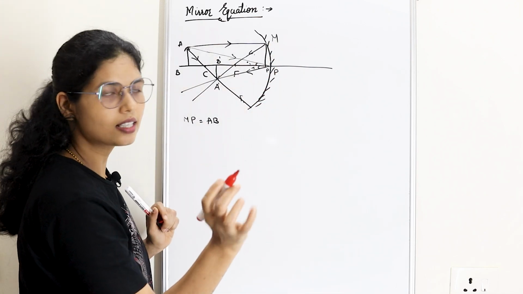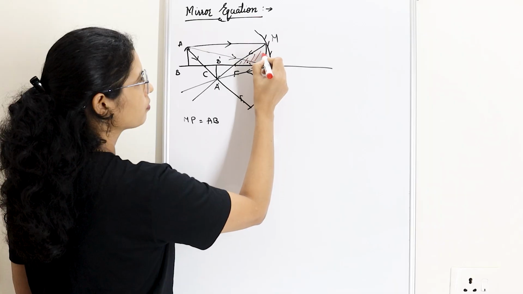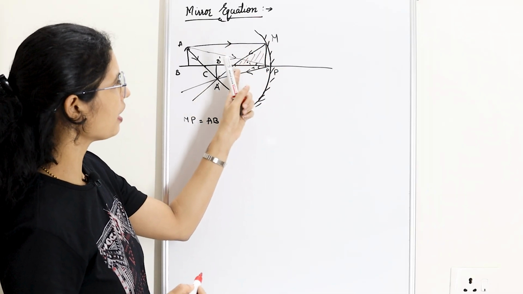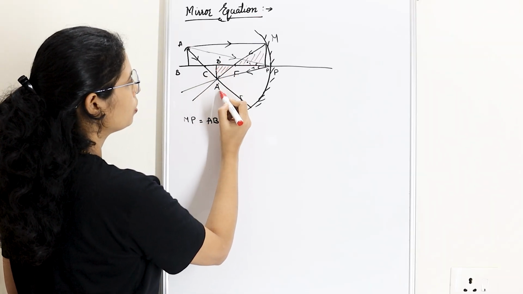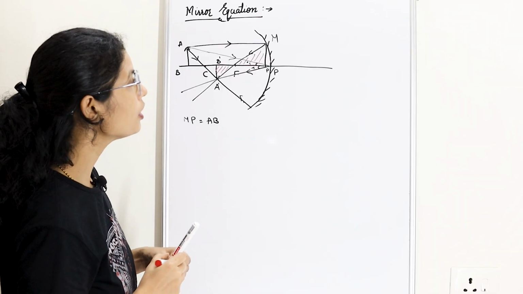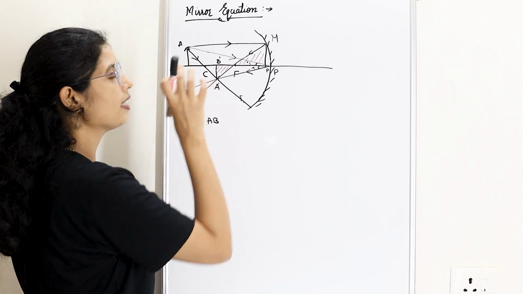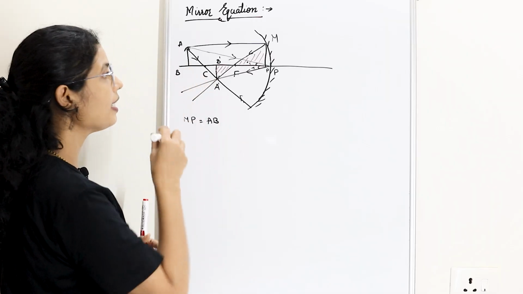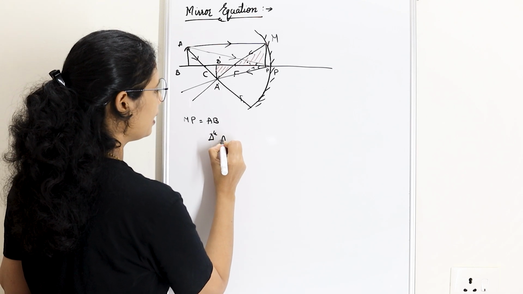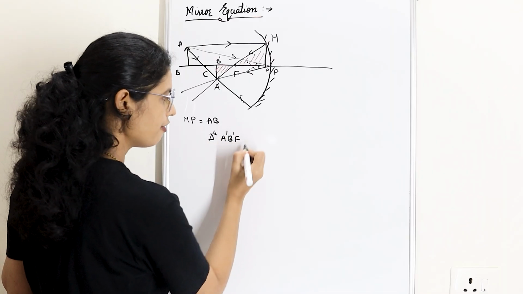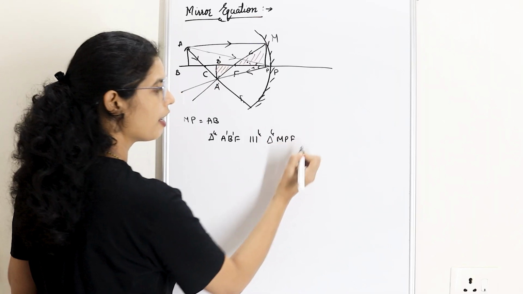The first triangle I'll consider here is MPF, this one. Is there another triangle like MPF? If you look at this, A dash B dash F: are they similar to MPF? Yes, these two are similar triangles. Similar triangles means the sides are also in proportion. So the triangle A dash B dash F is similar to triangle MPF.